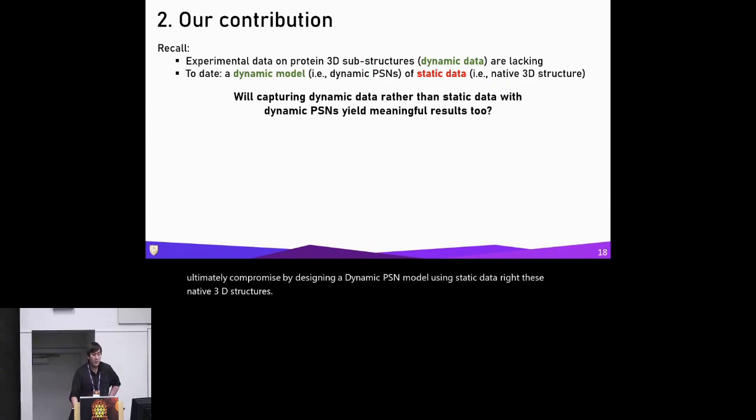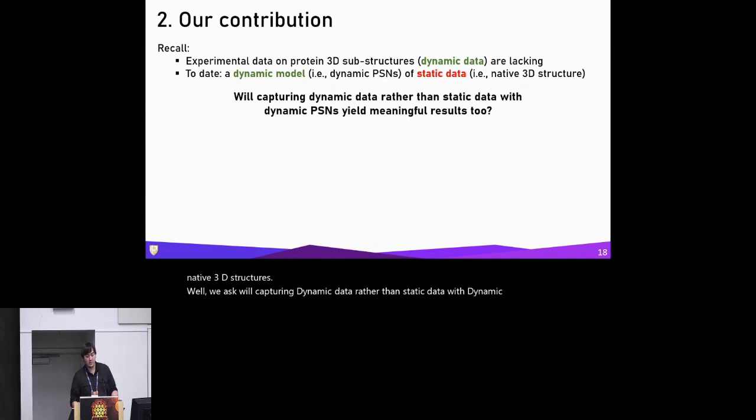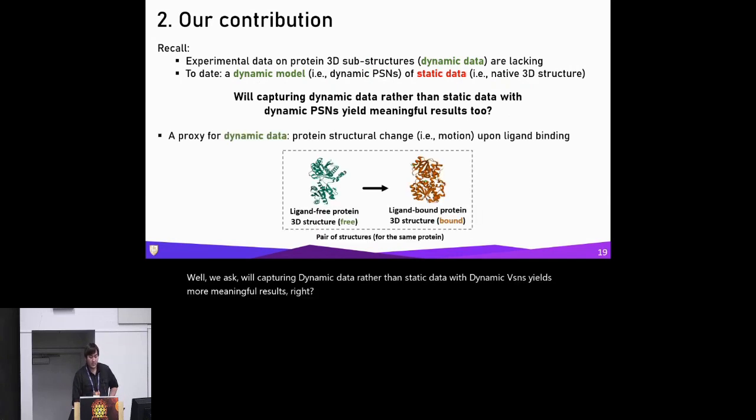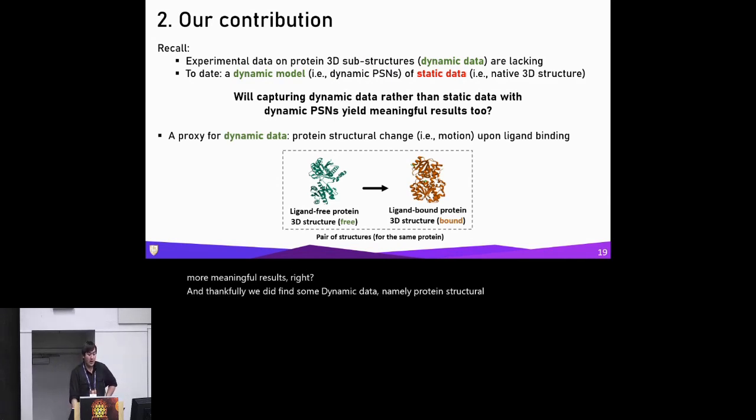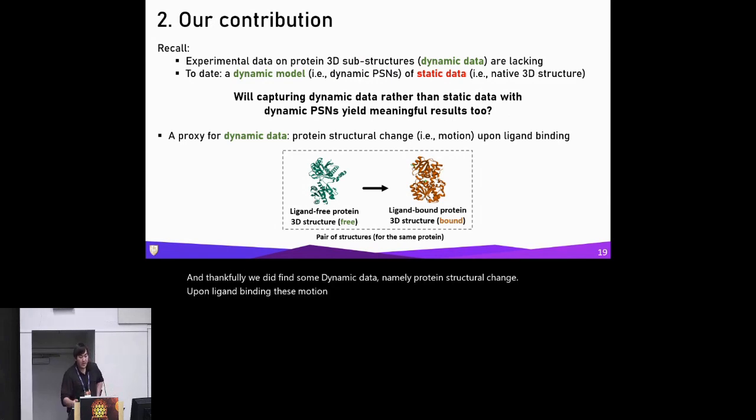Well, we asked, will capturing dynamic data rather than static data with dynamic PSNs yield more meaningful results? And thankfully, we did find some dynamic data, namely protein structural change upon ligand binding, these motion types. Very briefly, this data captures how the same protein dynamically changes before and after it is bound to ligand, as illustrated here.